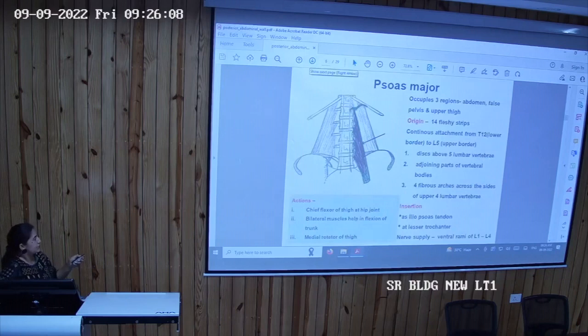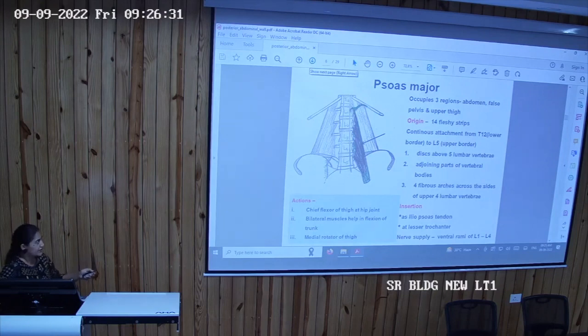So this psoas major is extending from the transverse processes as well as from the adjoining area of the vertebrae and the fibrous arches. So these green color are the fibrous arches. All this area gives attachment to the psoas major muscle. Now these fibers turn down to reach the lesser trochanter.